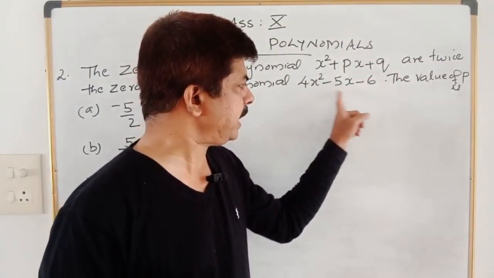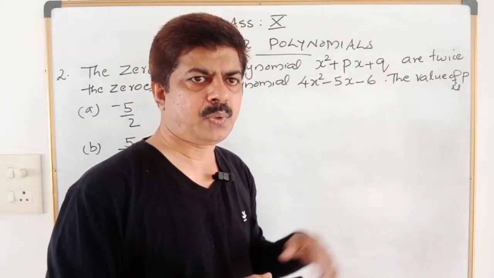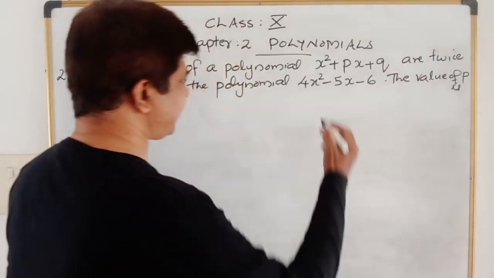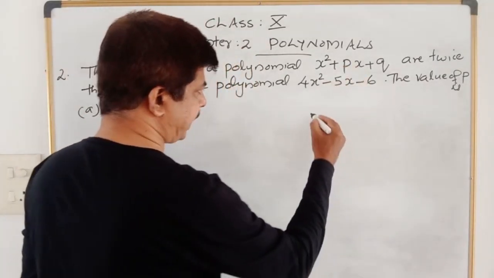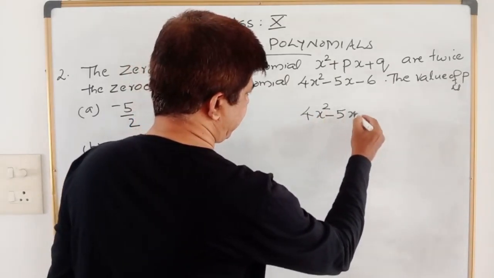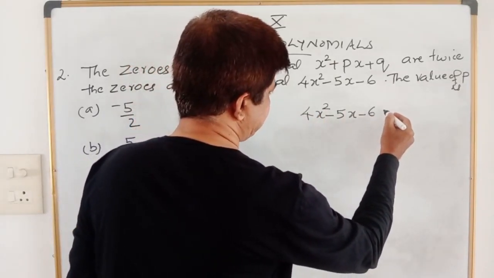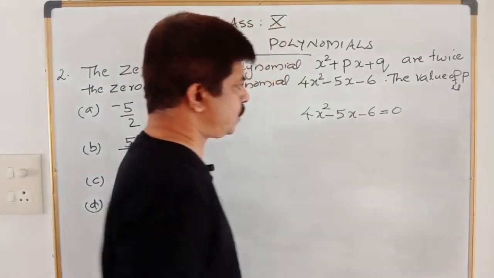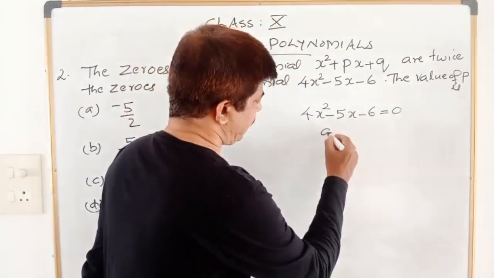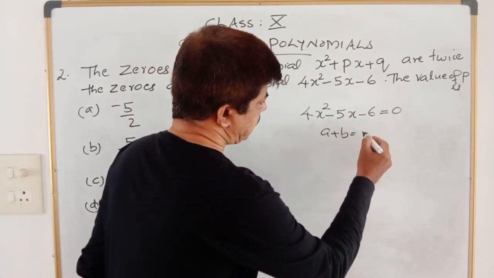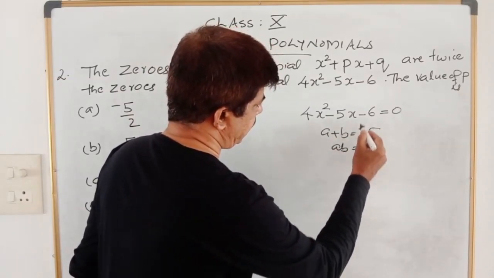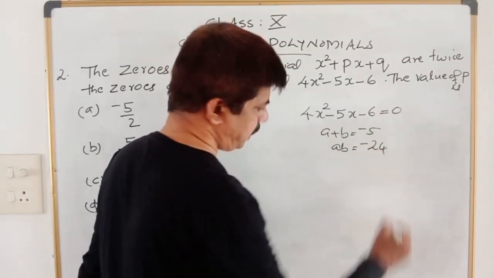Now we are going to find the zeros of the second polynomial. You know how to find the zeros. By factorization method, let us find the zeros of this polynomial. 4x square minus 5x minus 6 is equal to 0. So we apply the factorization method. Here the sum of the two numbers is negative 5 and their product is negative 24.